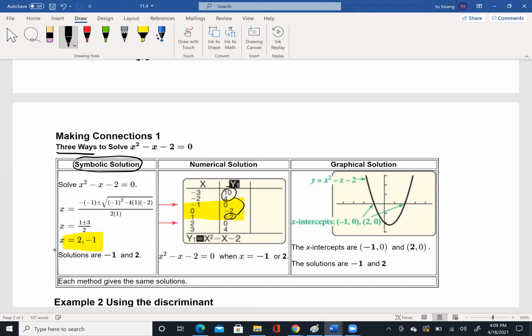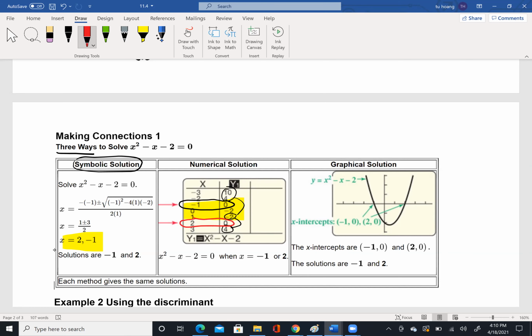See that change, and then from negative here it changes to positive. Then in the middle there should be two solutions, wherever it's changing in between. This way is usually hard for you at this level, but when you go to calculus or higher, you're going to learn more about this numerical solution.